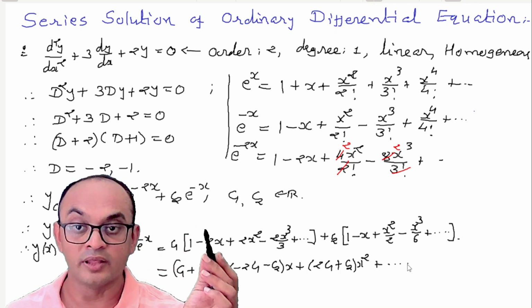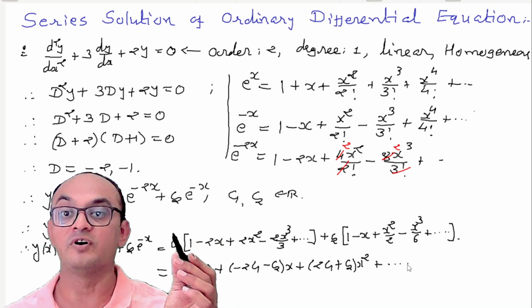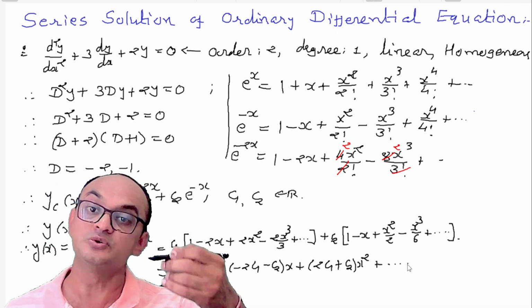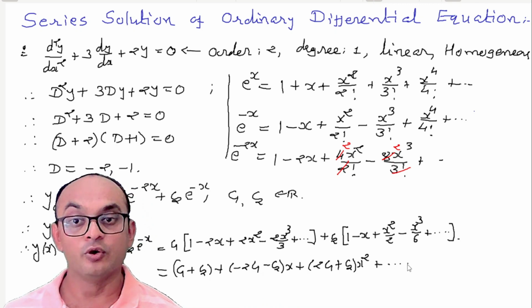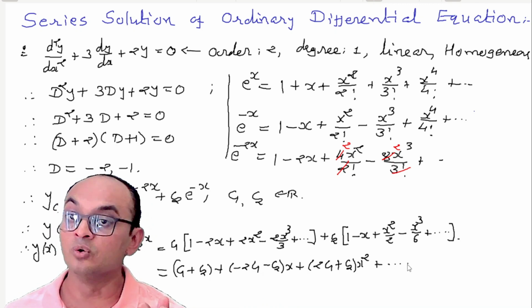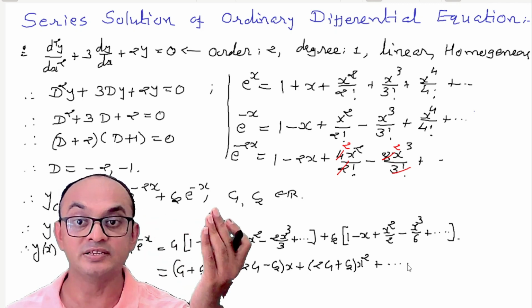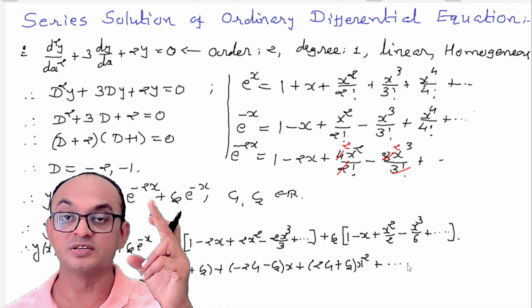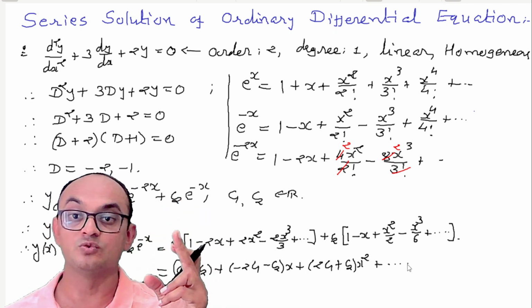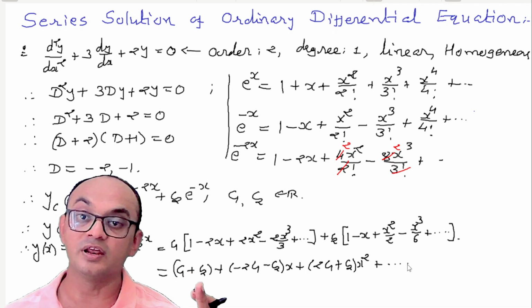So all the exponential functions and trigonometric functions will be converted into an approximated polynomial. Those kinds of relations we have already seen, known as Taylor series and Maclaurin series.